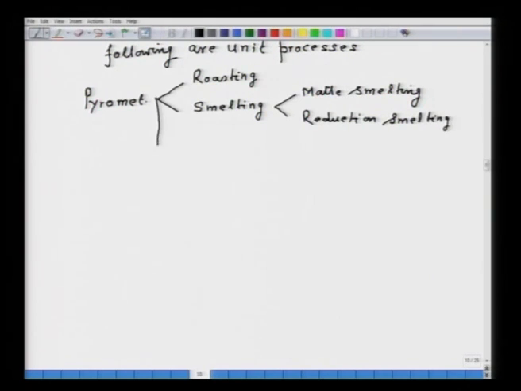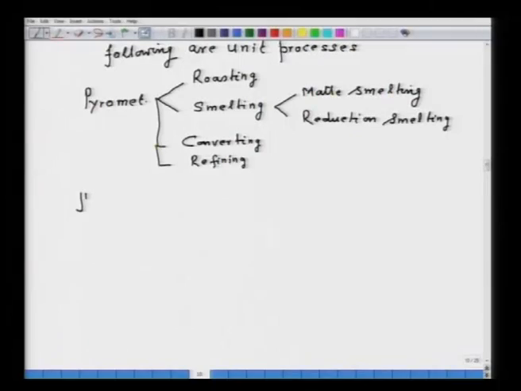The third step is converting, and the fourth step is refining. We will take these in our subsequent lectures along with the material and energy balance.